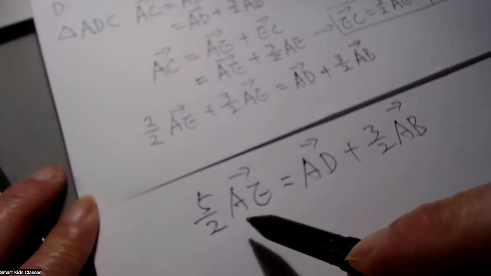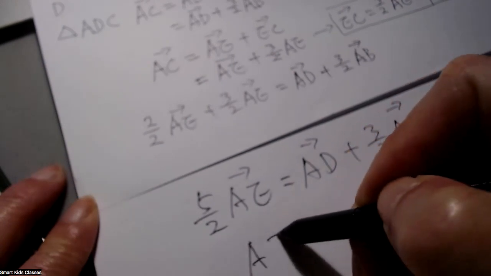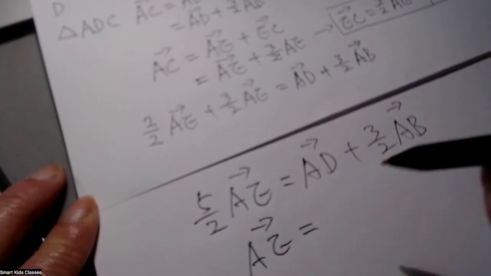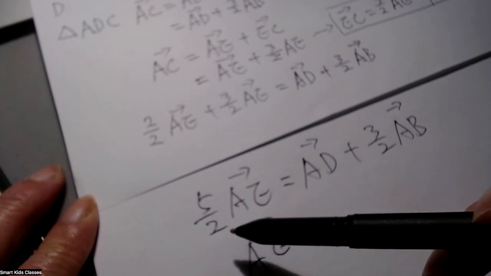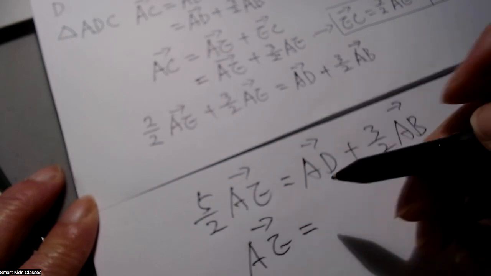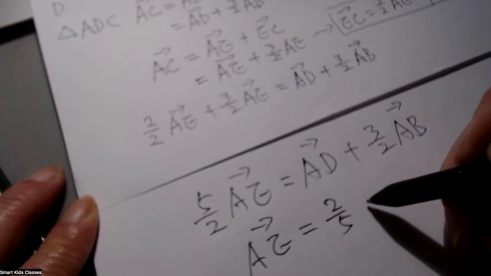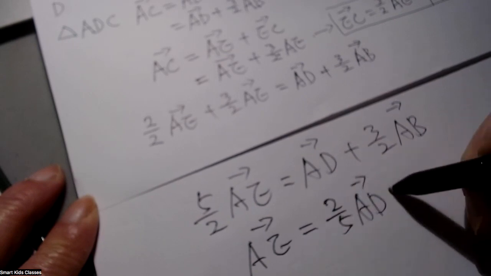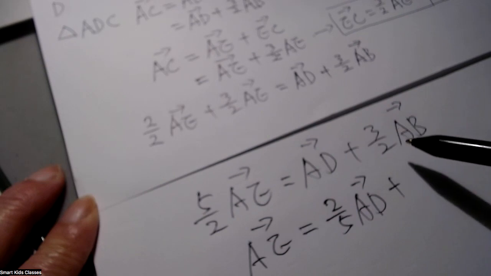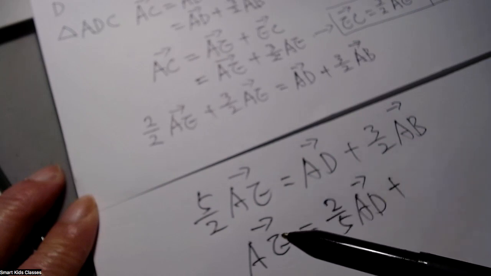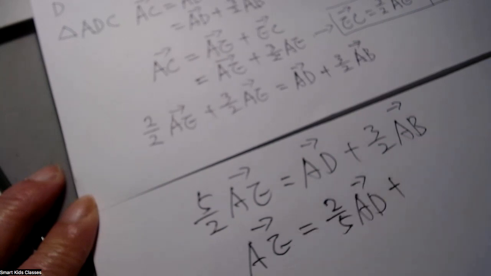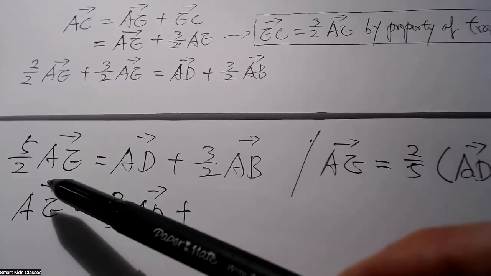Now we divide the coefficient into each term, so we isolate AE. Vector AE is equal to AD divided by 5/2, which means times the reciprocal, 2/5, and then the second term, 3/2 divided by 5/2.